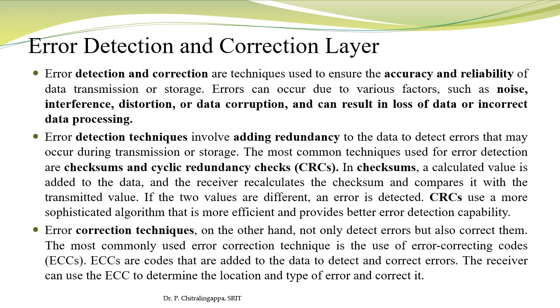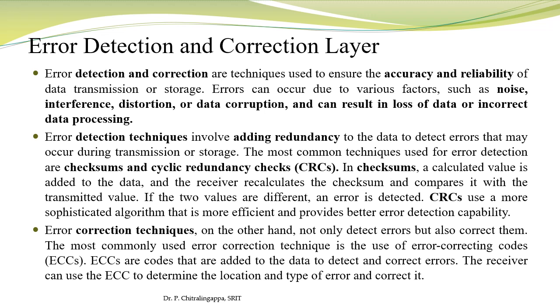Coming to error detection and error correction: error detection involves adding some additional data to the original data, and we verify that additional information at the receiver end. That is called the error detection technique. In error correction, we correct the missing data.